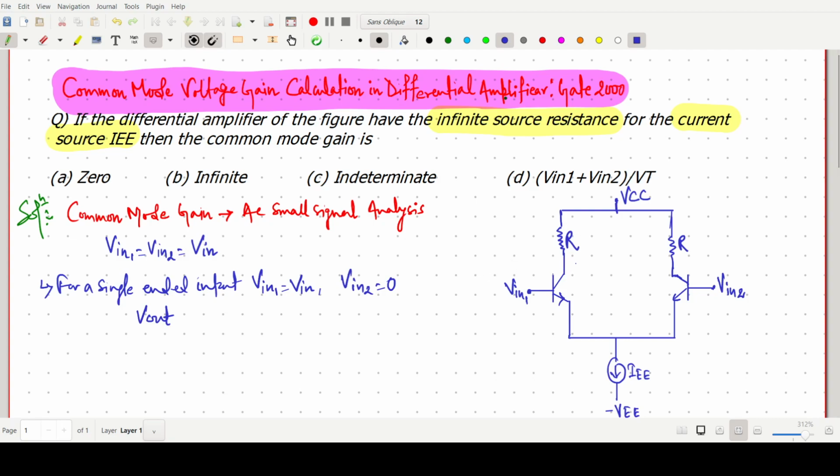For the time being, I am calling this V out, or V output 1, or V output simply. So we have to find the voltage gain.